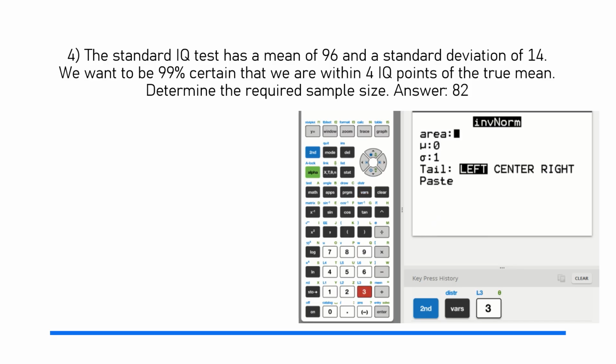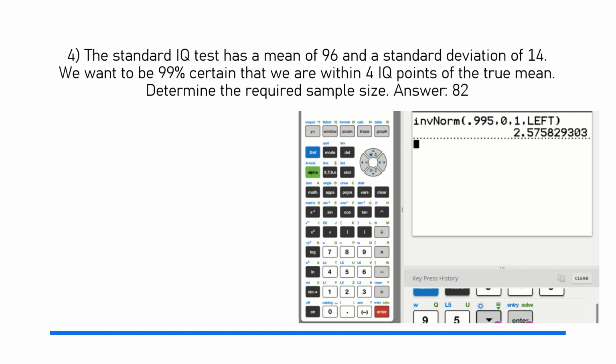Now, because it's 99% confidence, and also note, I'm going to leave it on the left side in case somebody has a black and white calculator and you don't have the option of making it center. But anyway, so 99% confidence, that means there's 1% left for the tails, which means there's 0.5% in each of the tails. So that's 99.5%, but as a decimal, that's 0.995. Paste. And then that's your Z sub C.